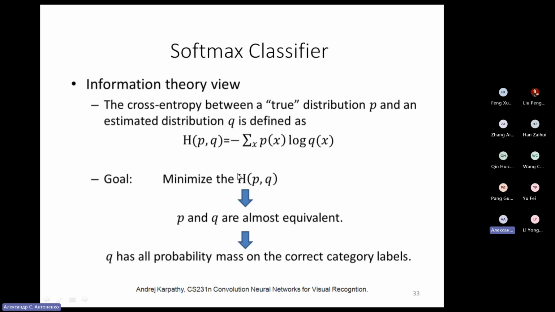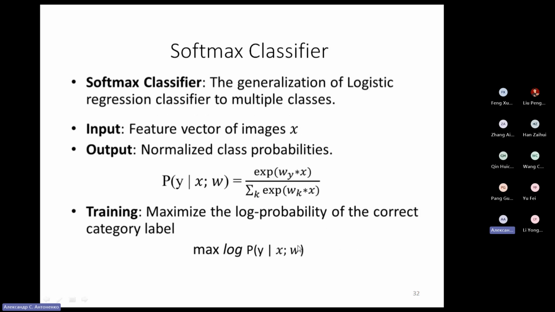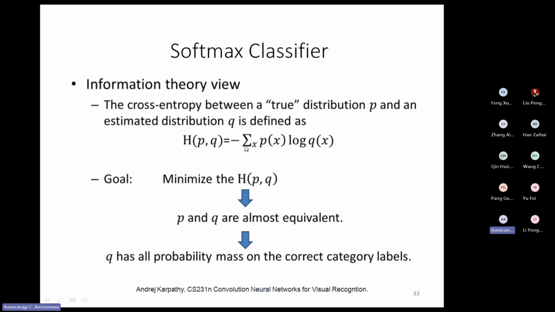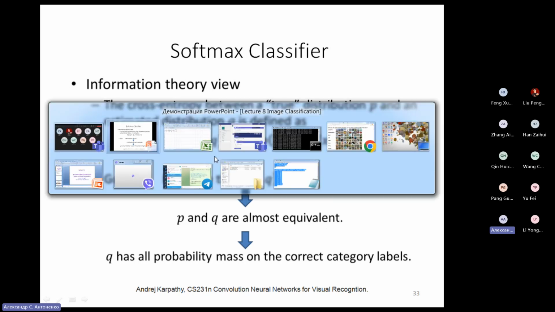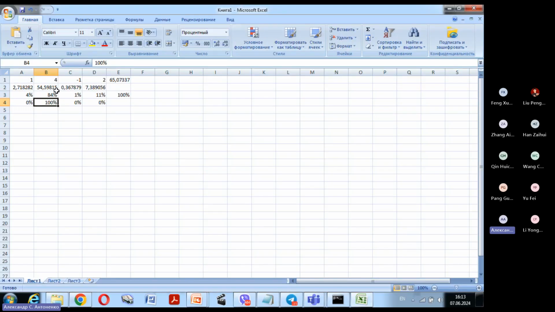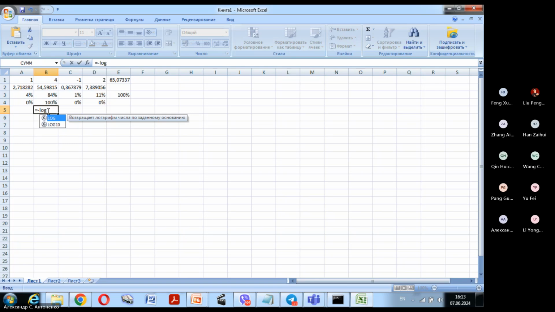We need to minimize the difference between this true distribution and this estimated distribution by using this formula. And here it will be 1. Here it will be a logarithm of this one, estimated, that we find using this formula, softmax classifier. So we need to find minus logarithm of this.